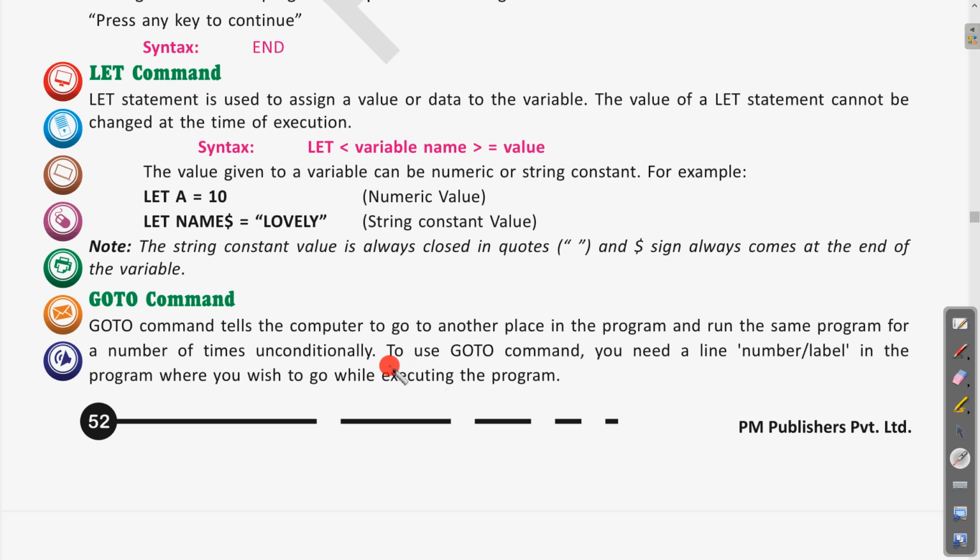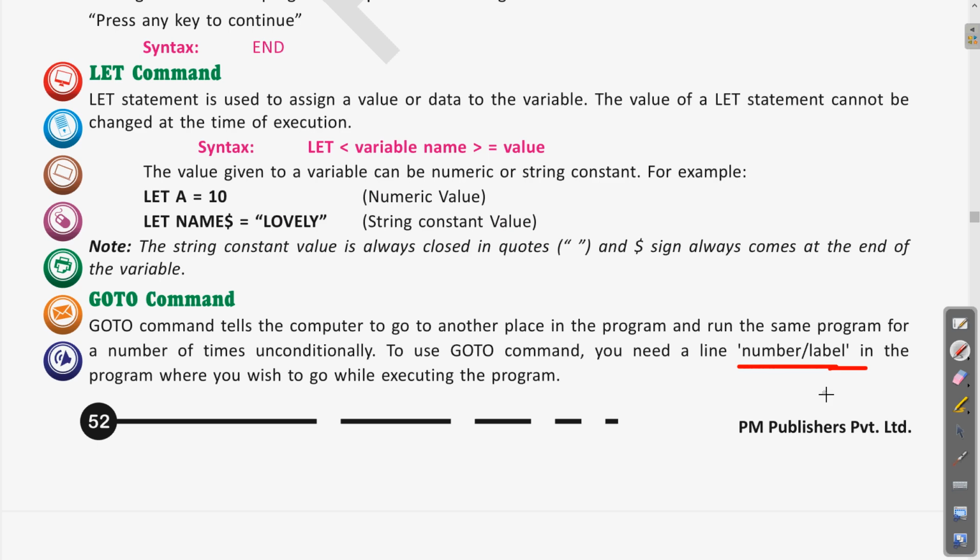To use the goto command you need a line number or a label in the program where you wish to go while executing the program. So whenever we use the goto command, we need to write a line number or a label. We will see what the syntax is. Clear? So what is the use of the goto command?